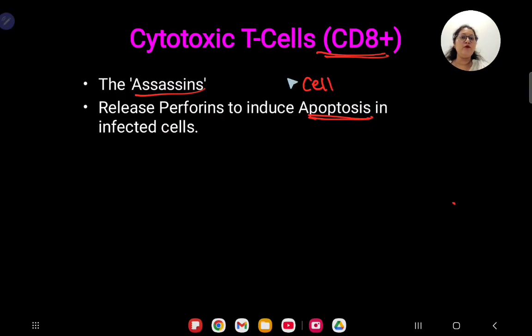Apoptosis is programmed cell death, meaning every cell has a time limit to it. When that time comes, the cell reaches its senescence, meaning it's now old, and the cell has to die. That is taken care of by cytotoxic T cells.